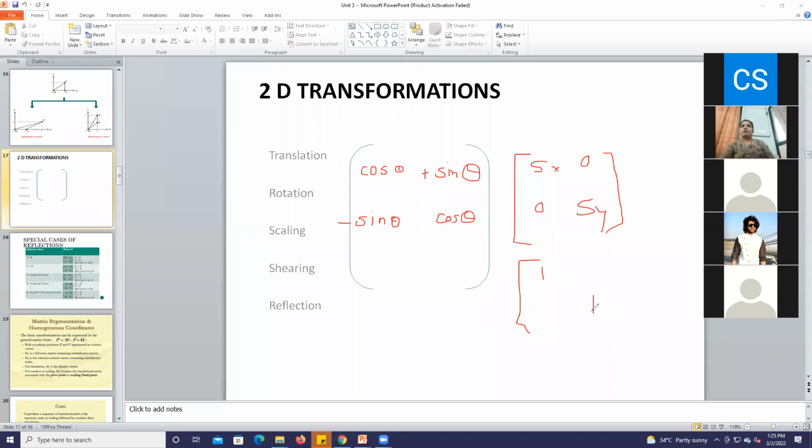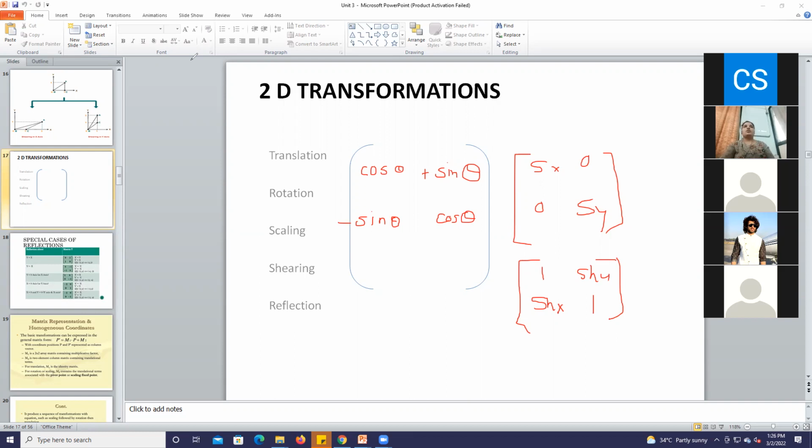If we are keeping it 0, then there is no addition in the X, simply there is change in the parameter. So here it is nothing but the shear factor along X axis and shear factor along Y axis. Okay, and for the reflection, we will see in the next slide.